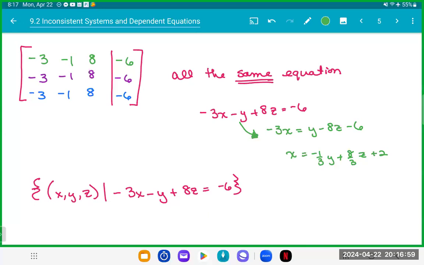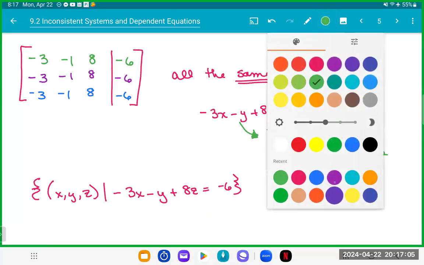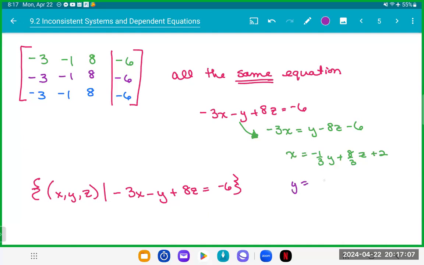But again, if we rewrote it in terms of y, then we could have said y is equal to negative 3x plus 8z plus 6, right? Or we could have written it in terms of z, and all we do is solve for z, and do it how we did last class period, when we were looking at the general form. Okay, question.